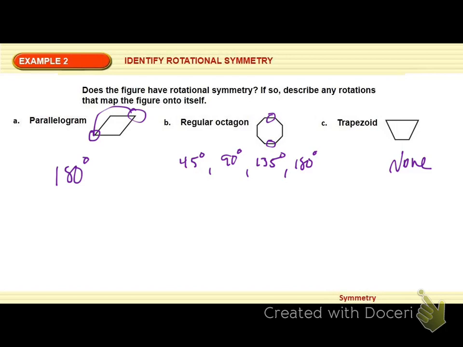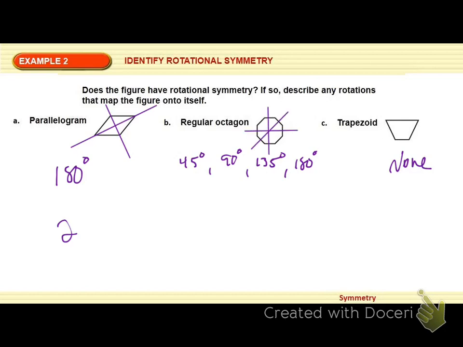Now, that's just using your imagination. There is a connection between line symmetry and rotational symmetry. If you look at the parallelogram, it has line symmetry here and here. So it has two lines of symmetry. The regular octagon has a bunch, right? We can go vertical or horizontal.